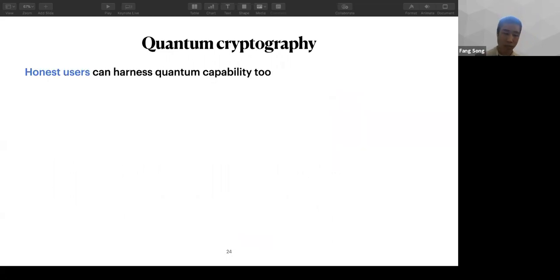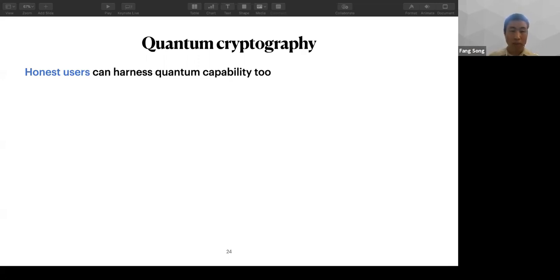Now let's switch gears, okay? The threats we discussed earlier for the most part of the talk assume the attackers have a quantum computer available. But of course, there's no reason prohibiting honest users from also taking advantage of quantum computing, right?